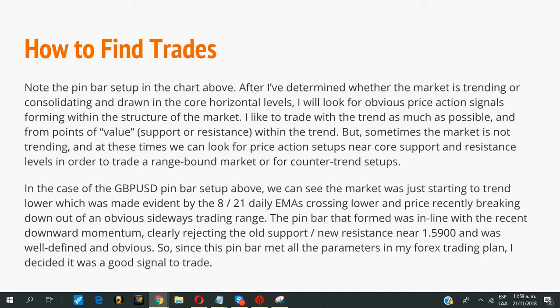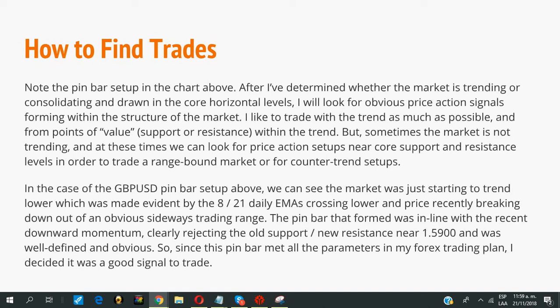In the case of the pound-dollar pin bar setup above, we can see the market was just starting to trend lower, which was made evident by the 8 and 21 daily EMAs crossing lower and price recently breaking down out of an obvious sideways trading range.